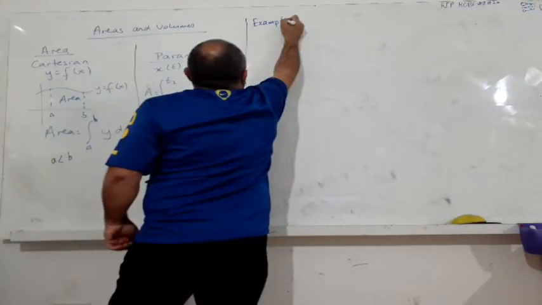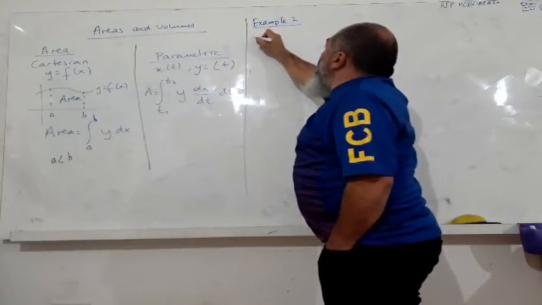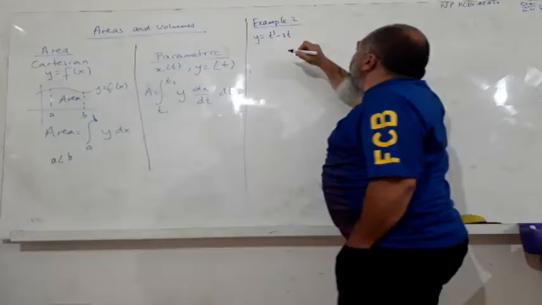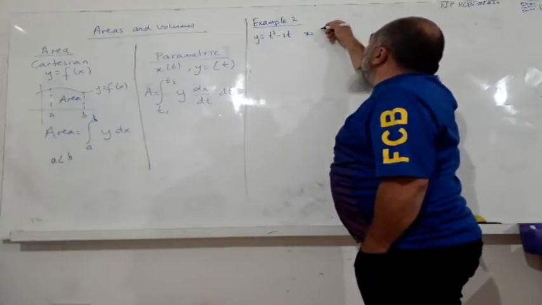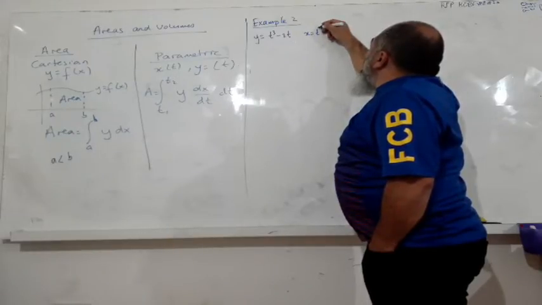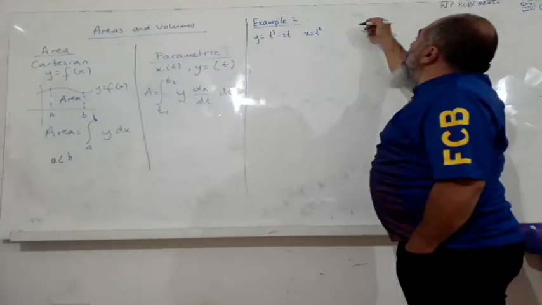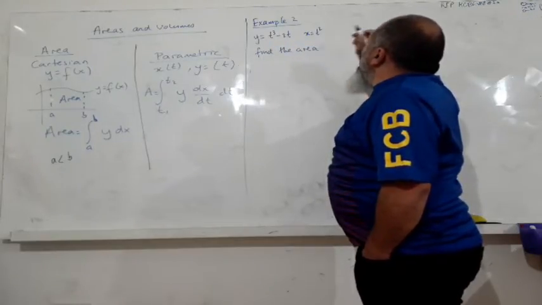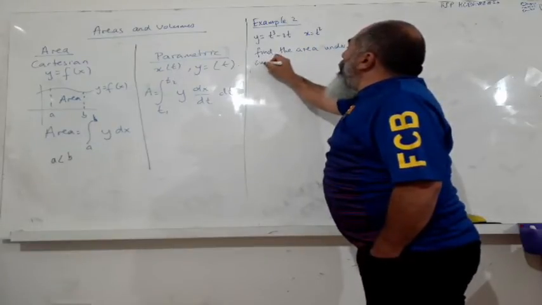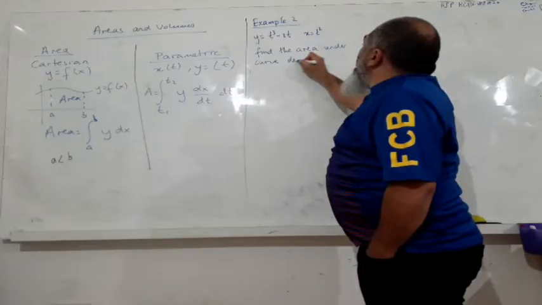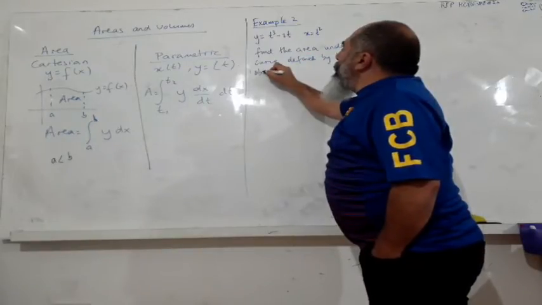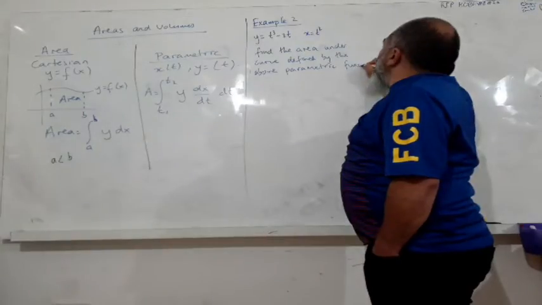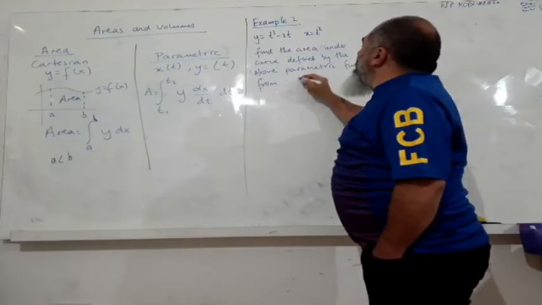Say that y is equal to t cubed minus 2t and x is equal to t squared, and find the area under the curve defined by the above parametric functions from t equals 1 to t equals 3.